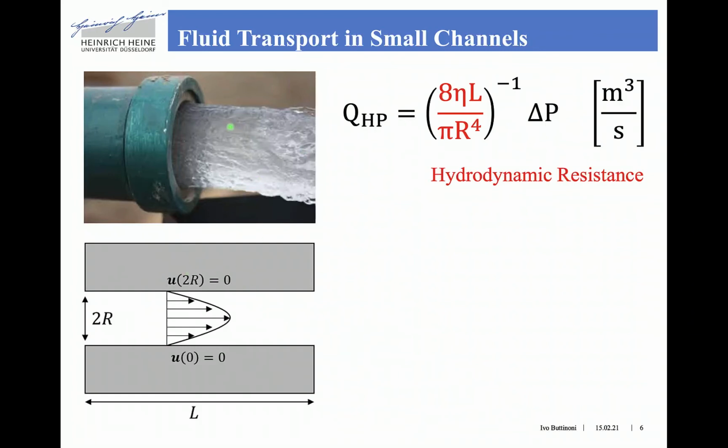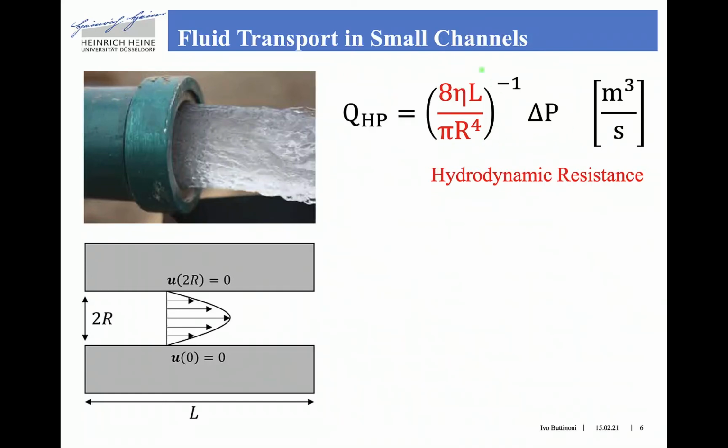If the Reynolds number is small enough, then the flow profile across the pipe is parabolic, and the flow rate Q is given by the Hagen-Poiseuille relation, where eta is the fluid viscosity, L and R are the length and the radius of the tube respectively, and delta P is the pressure difference.